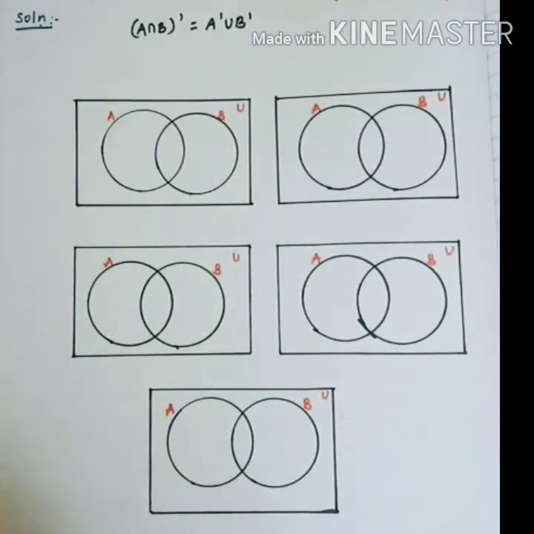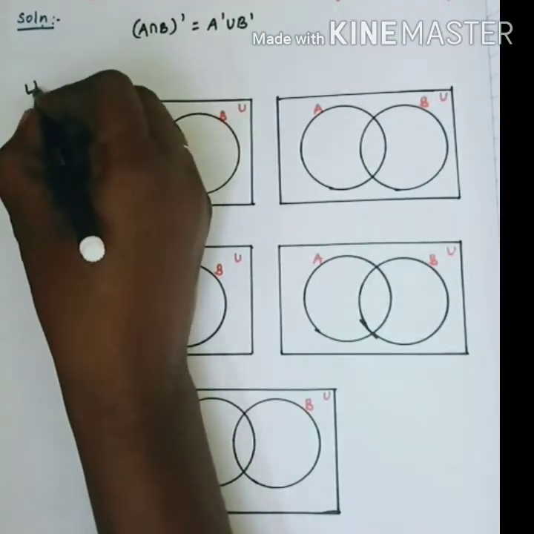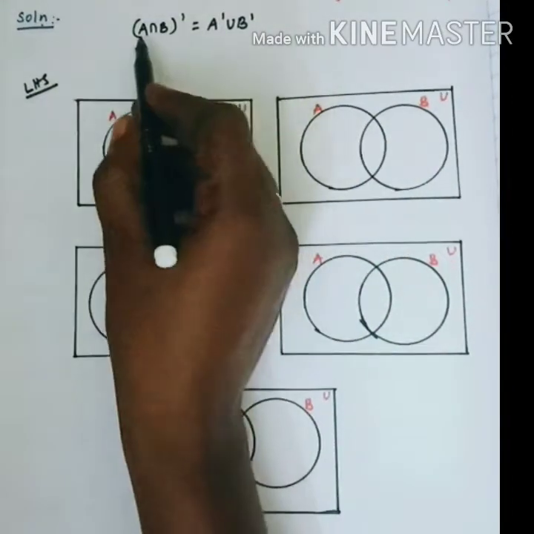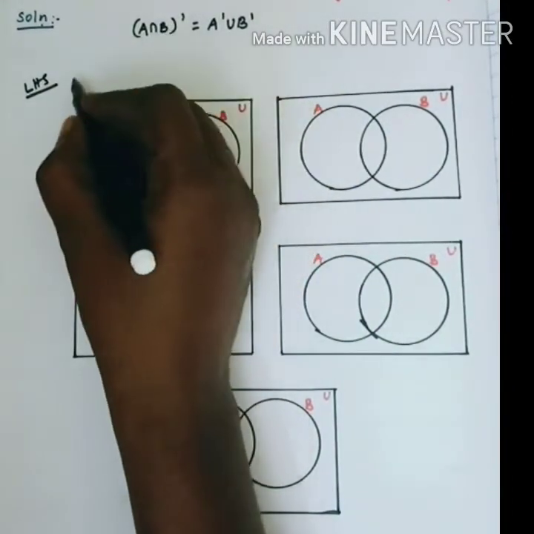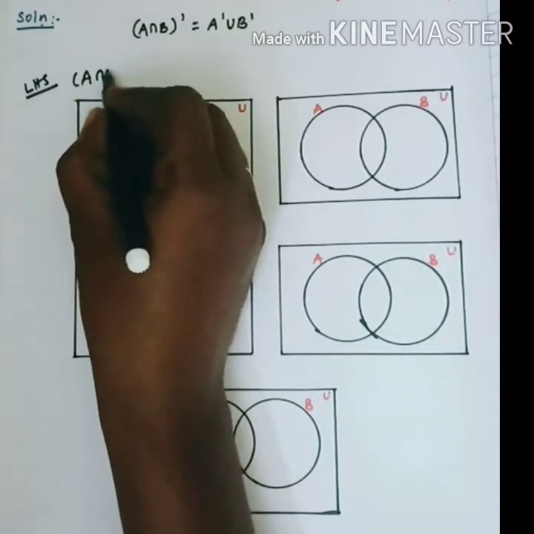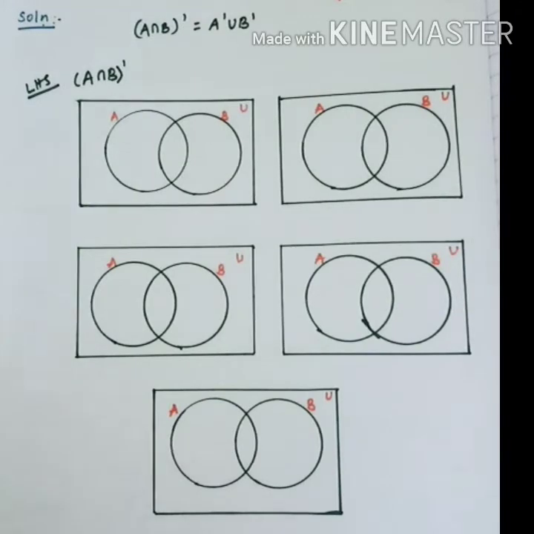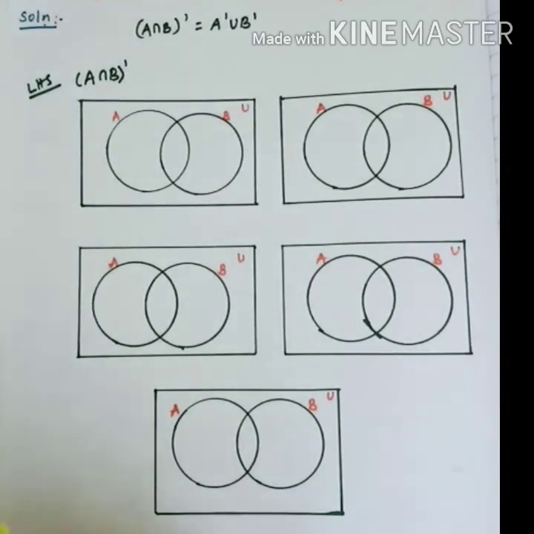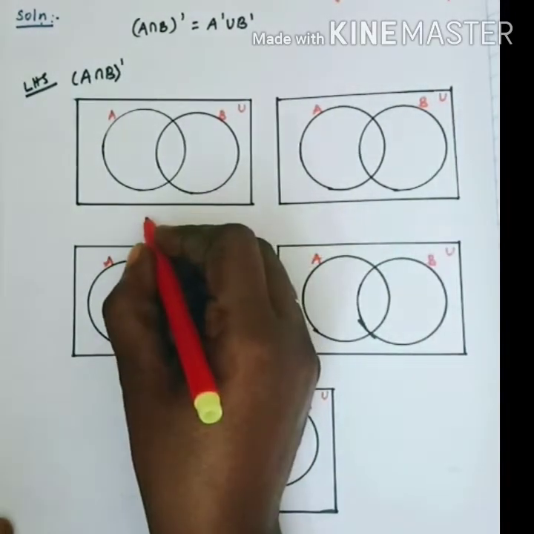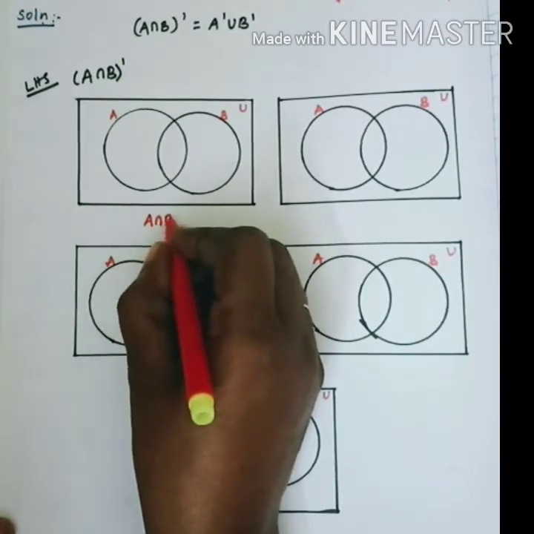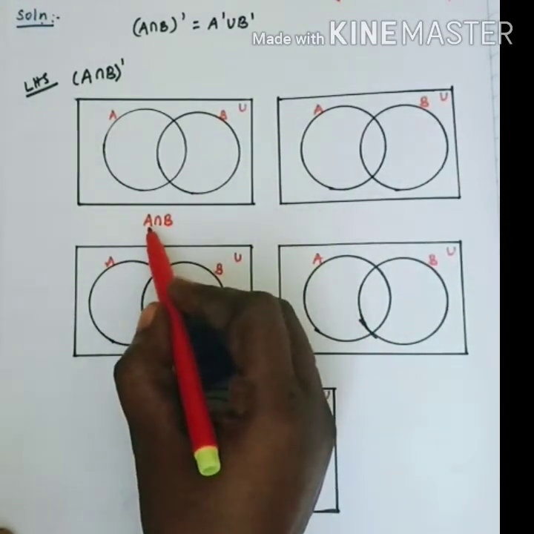First we have to identify the left hand side. What do we have in the left hand side? (A intersection B) dash. So first identify A intersection B alone. A intersection B means we have to shade the common element.